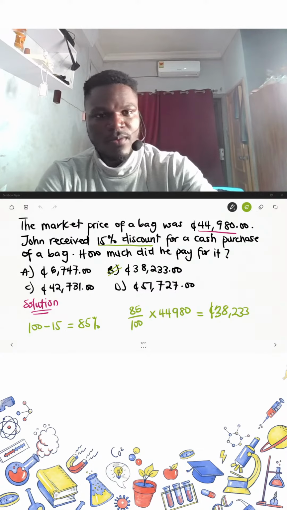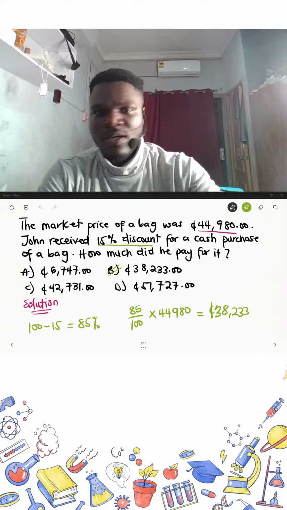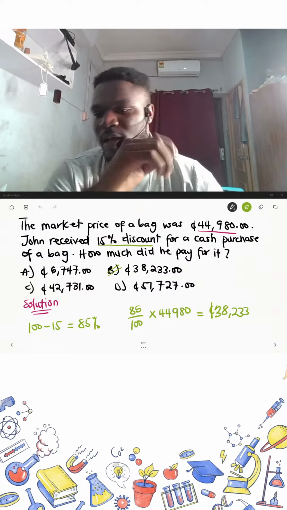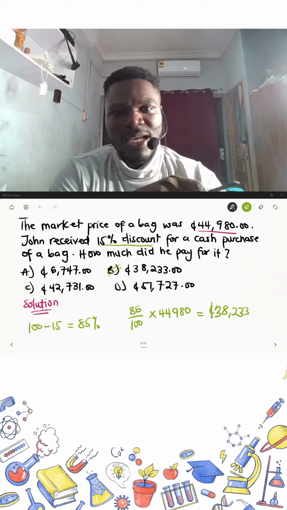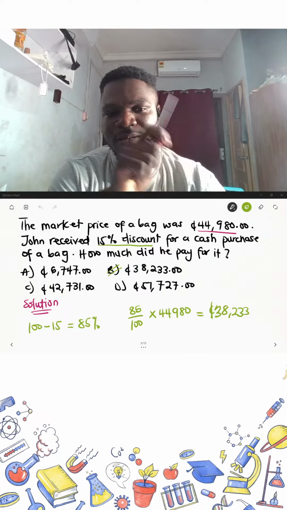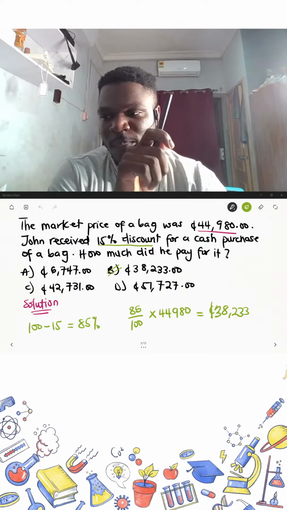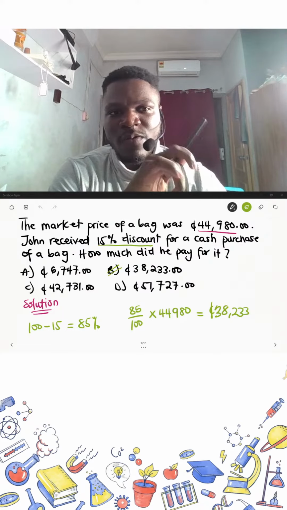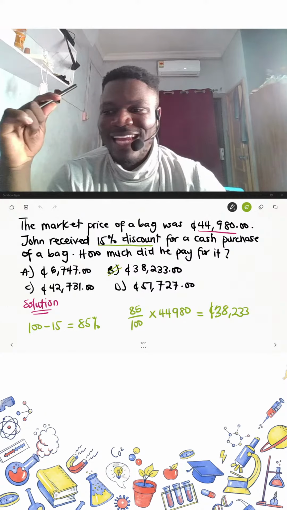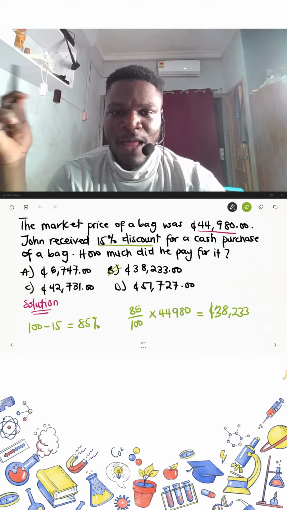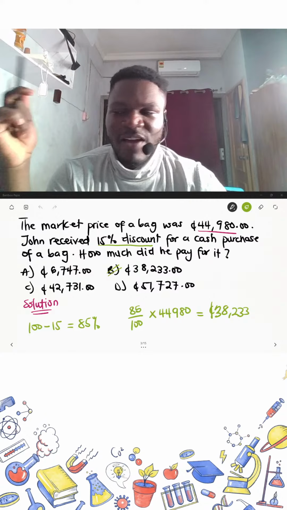Okay, I believe it was showing. So yes, if we look at the question, he was given a discount of 15%, which means that he paid for the other amount, which is the 85%.